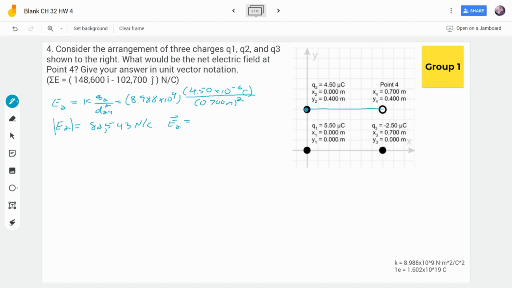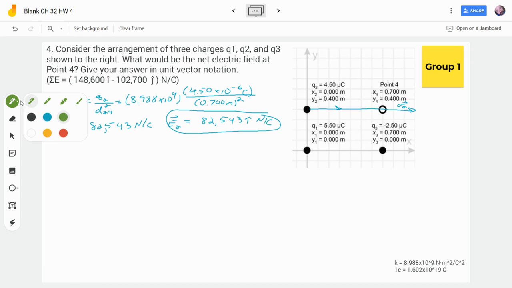Q2 is positive, so it's pushing the electric field out, which means the electric field at this point 4 is going to be going out this way. That's to the right, so that's positive i hat. So really what this is, 82543 i hat newtons per coulomb. And that's an important one, so I'll keep that.